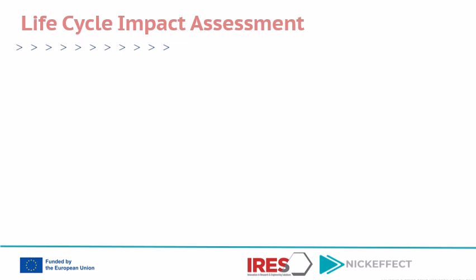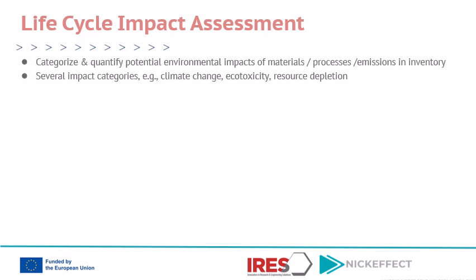So, we are now reaching the life cycle impact assessment stage of the LCA after we completed our inventory analysis. In this stage, we will categorize and quantify the potential environmental impacts of the materials, processes, and emissions in the inventory.